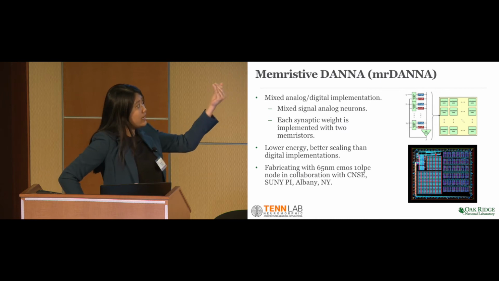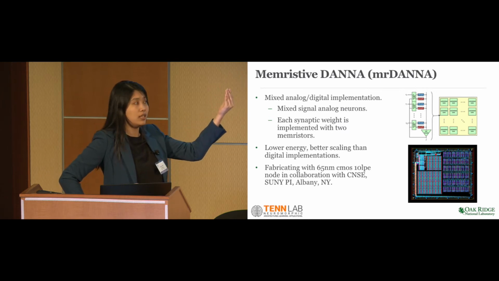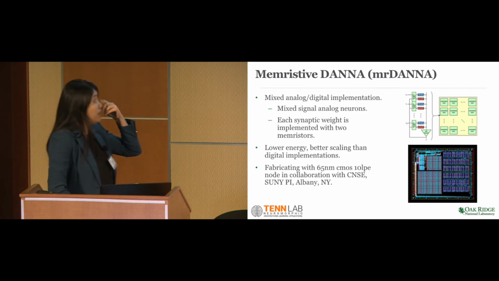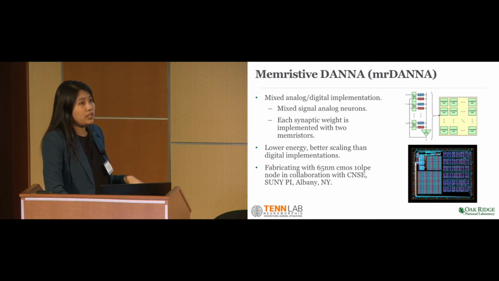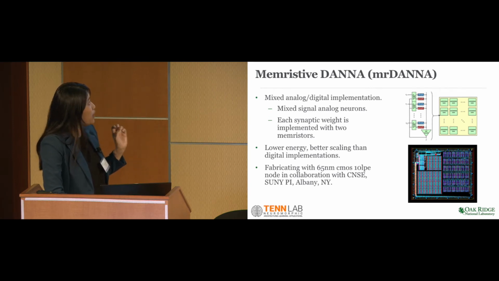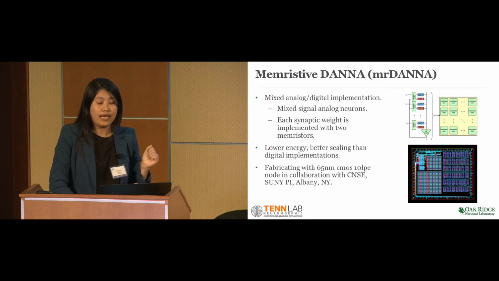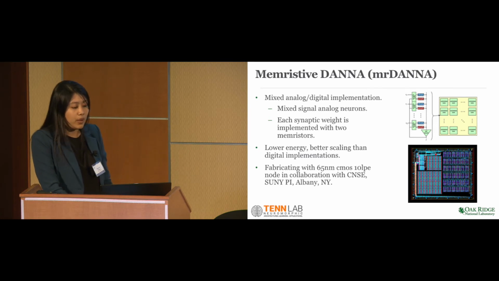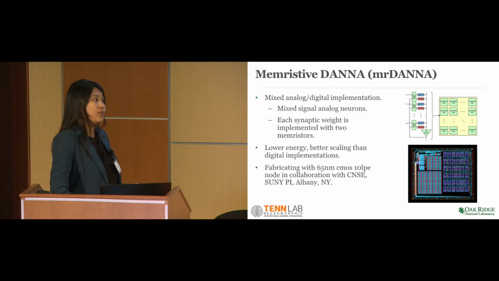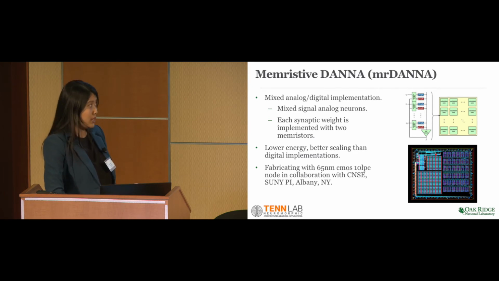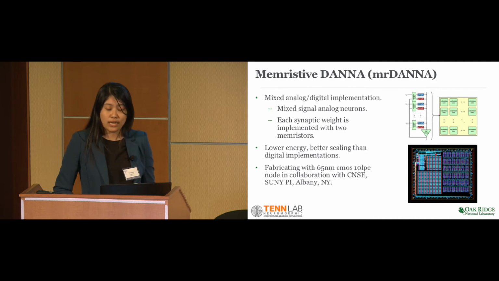On the left side is DANA, the fully digital core. It has been done in collaboration with CNSE, SUNY Polytechnic, Albany, New York. They have an in-house fab where they fabricate CMOS with memristors, so we got the advantage of that. We taped it out 6 months back, and we are trying to get it back by March, hopefully.